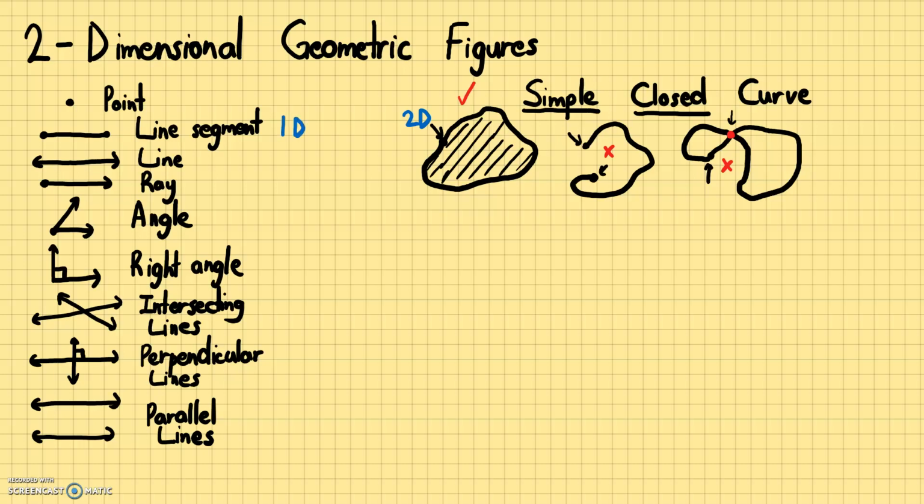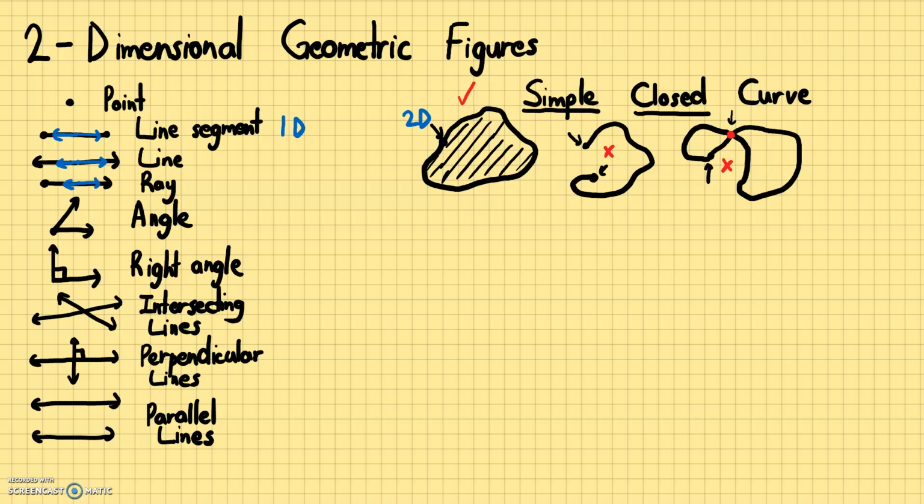So one dimension means if I'm inside that figure, a little point inside the line segment, and I want to move along it, I can only move forwards and backwards like this, right? I can only move along that line segment. The same with lines. I can only move this way and that way, forwards and backwards. Same with rays.